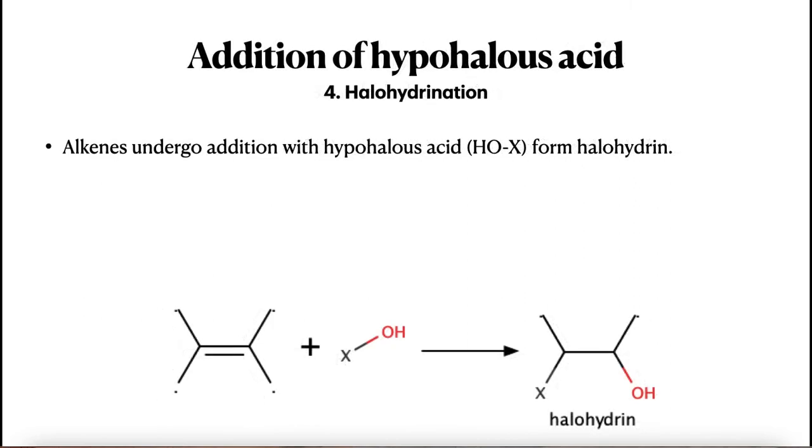Fourth reaction is the halohydrination. Alkene undergoes addition of hypohalous acid, XOH, to form halohydrin. The double bond breaks, and there is the addition of X and OH to the doubly bonded carbons.